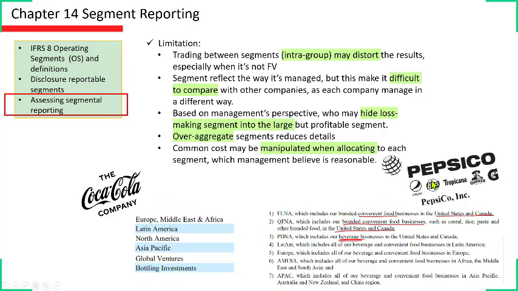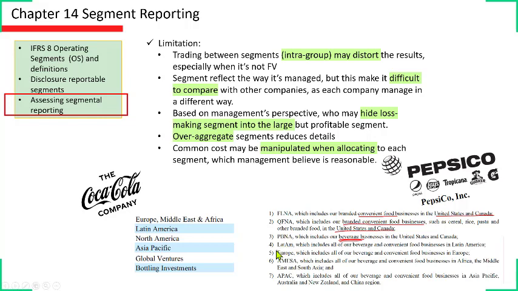And for PepsiCo, they have FLNA, that would be for the convenient food. And QFNA, that would be for a brand named Quaker. So for Quaker Foods, that would be this BU. And then PBNA, that would be Pepsi Cola for North America.